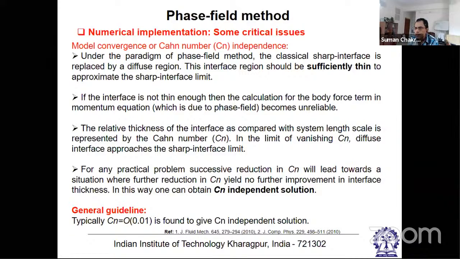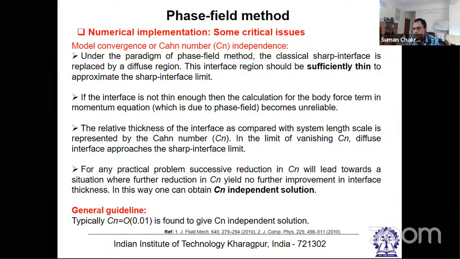That means if you change the Cahn number, the solution will not change. Typically a Cahn number of the order of 0.01 is found to give a Cahn number independent solution. This makes sure that the interface is sufficiently thin to resolve the interface.